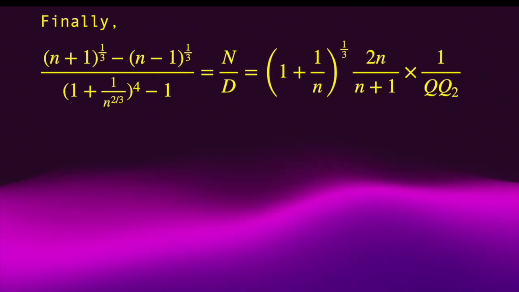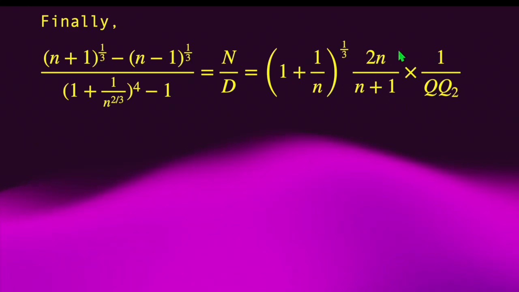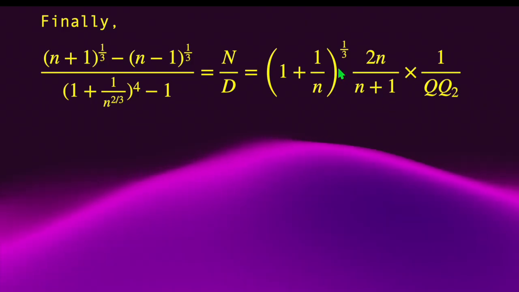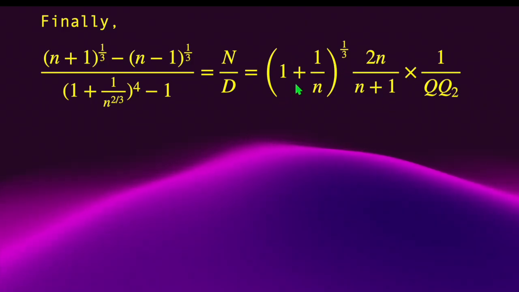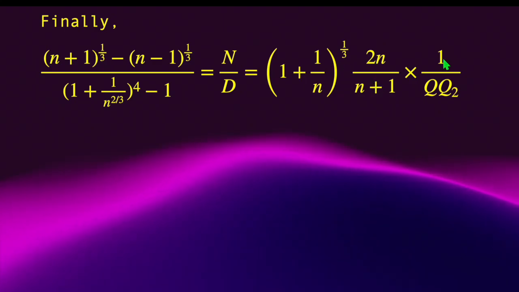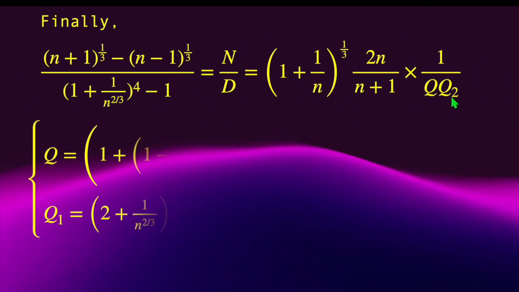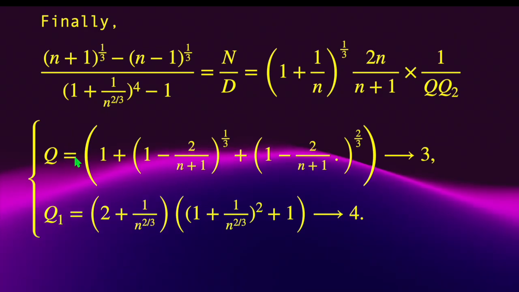So finally we get that our sequence is equal to this expression, and when we take the limit, this one goes to 1, this one is easy, and q and q1 are given by this quantity.